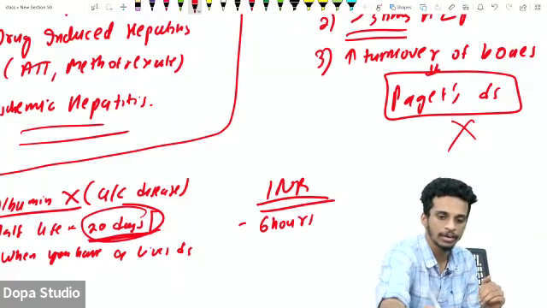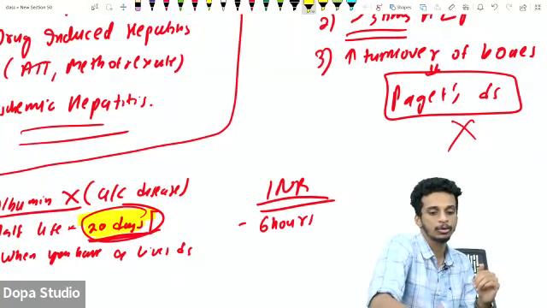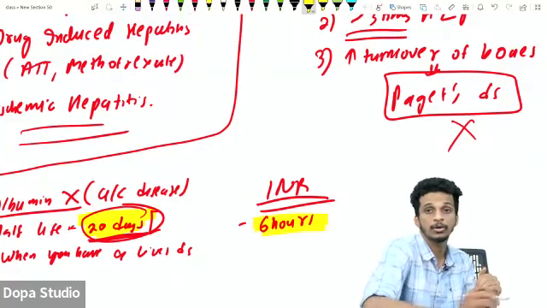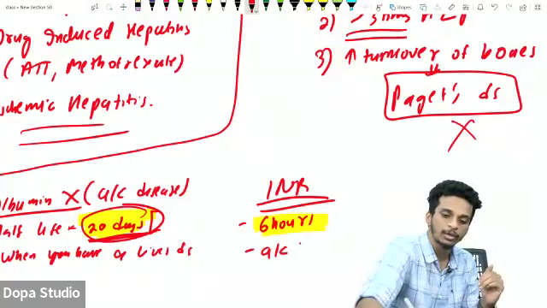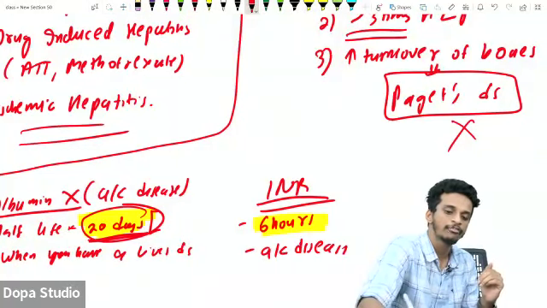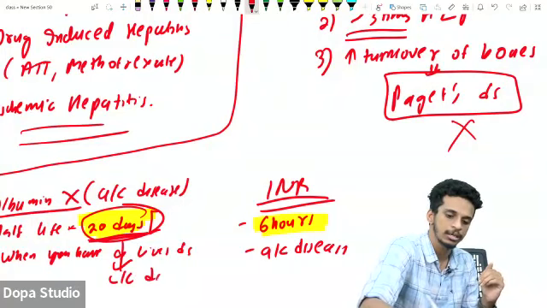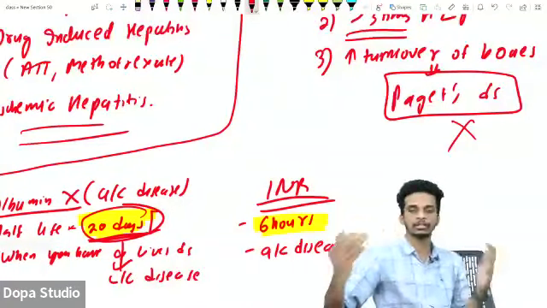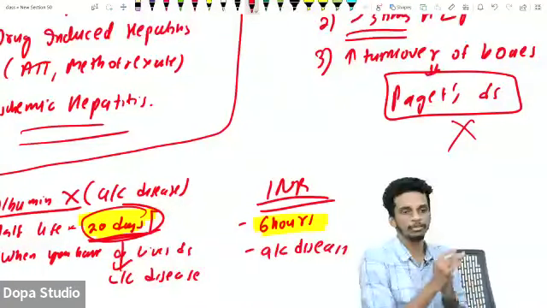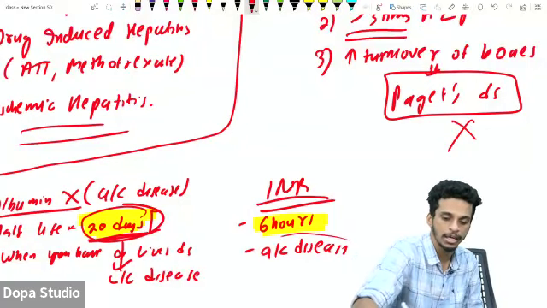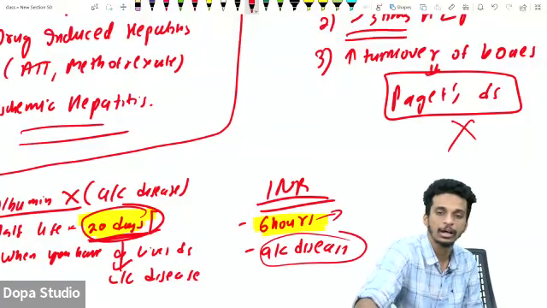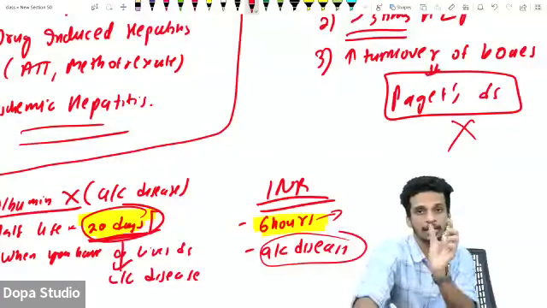So you can see the difference: the half-life of albumin is around 20 days, while that of clotting factors is just 6 hours. That means you can use INR to monitor an acute disease. Albumin definitely will be decreased in chronic disease, no doubt, because the liver is essential for the synthesis of albumin. But in acute disease, what we use is INR, because clotting factors have a much lesser half-life. INR itself is a measurement.